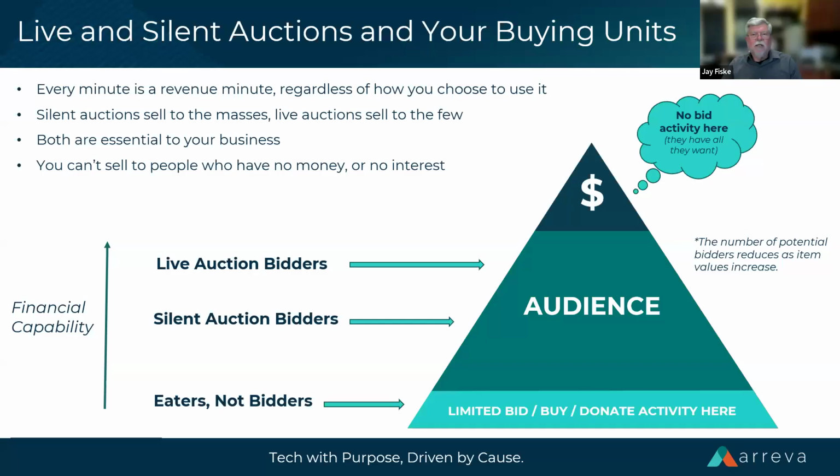If you have airplane tickets, they're not going to buy your coach tickets because they'll take their private plane. So at the top of the pyramid, you don't have very many bidders, and that's probably a good thing because you don't have anything they're going to spend their money on except maybe raise the paddle, or perhaps matching funds of some kind. But they're not going to buy a lot of auction stuff.